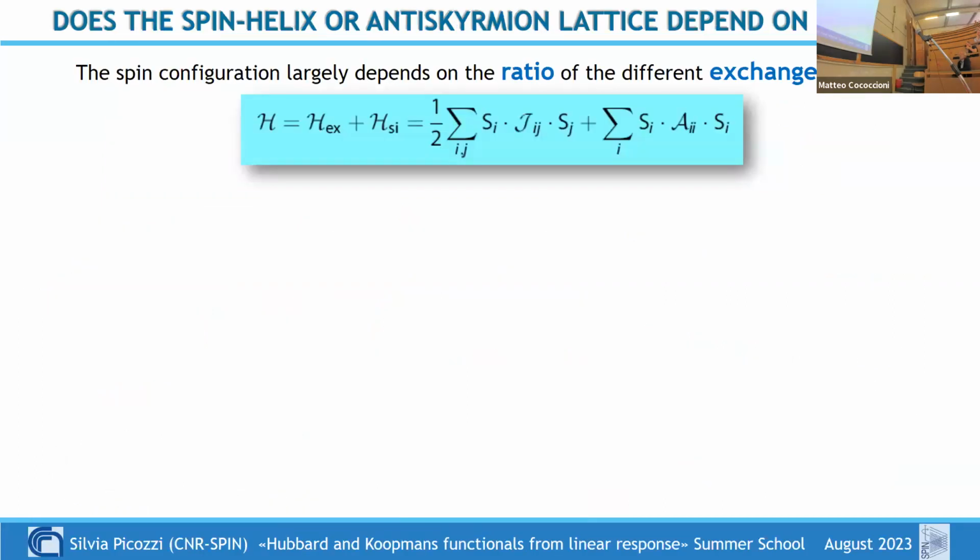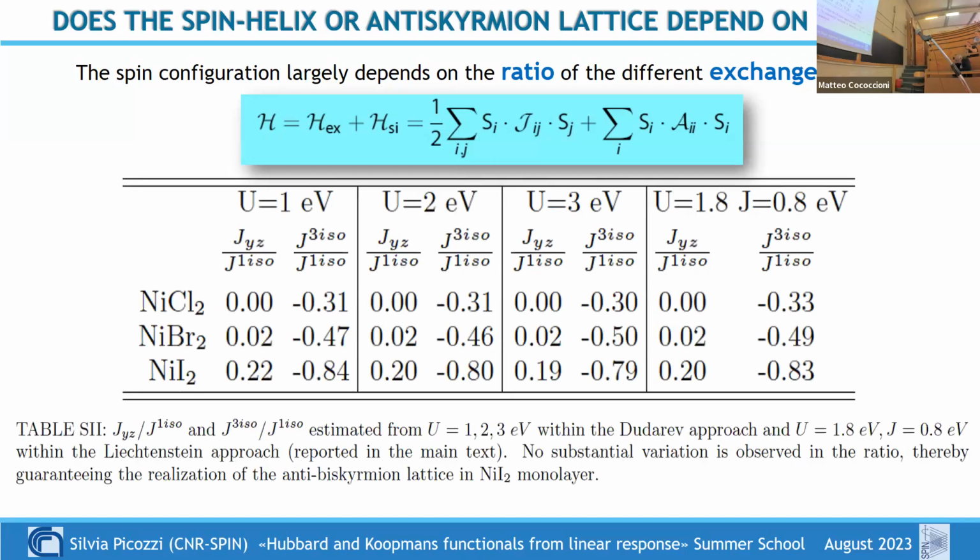Okay. Yeah. So, question: does it depend on U? Because I told you that we don't evaluate it. So we were wondering if the exchange parameters and also the single-ion anisotropy, which is this term, depend on U. And it actually does.